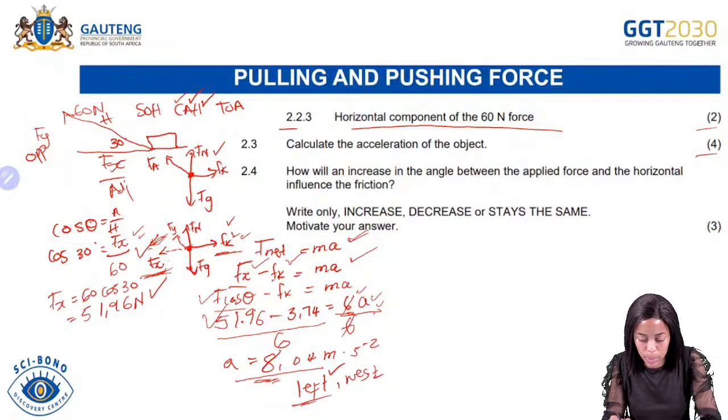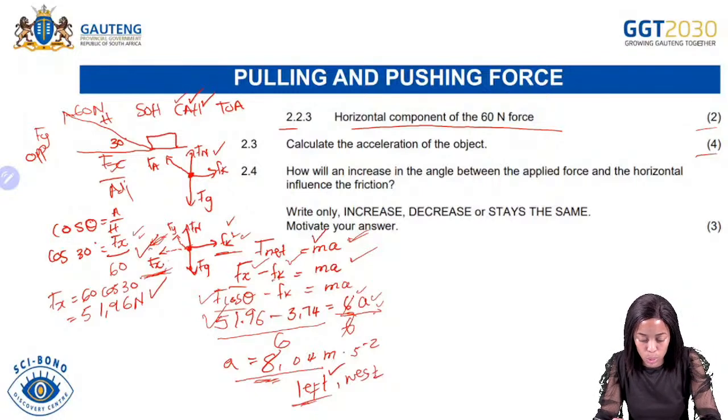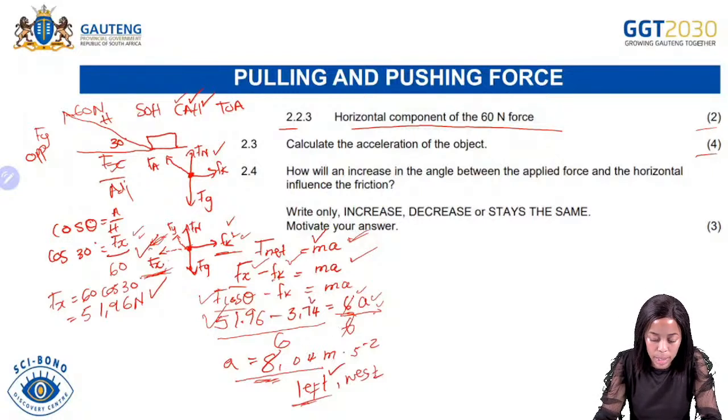So it's a total of 4 marks. We'll give a mark for F net is equal to ma. Then we'll give a mark for what you have on the left-hand side, the substitution, and then a mark for the substitution of the mass, which is 6.